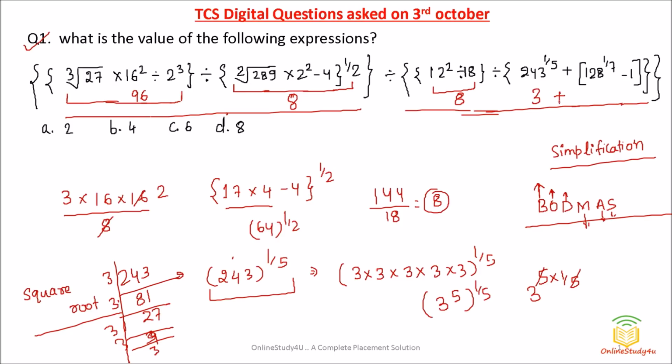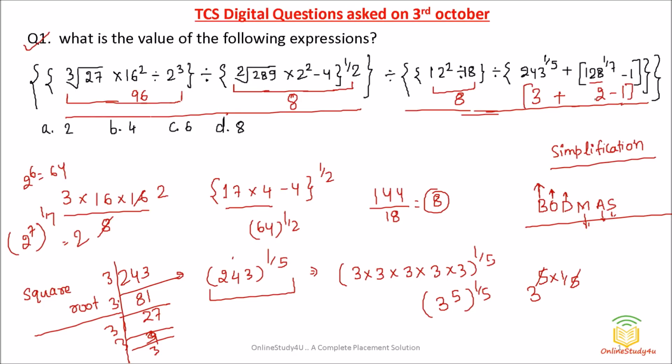Okay, done. Plus 128 to the power 1 by 7. So friends, 2 to the power 6 is equal to 64. If I multiply further by 2, it will become 128. So 2 to the power 7 is 128, and to the power 1 by 7. So finally I will get 2. Then minus 1. Okay, done.